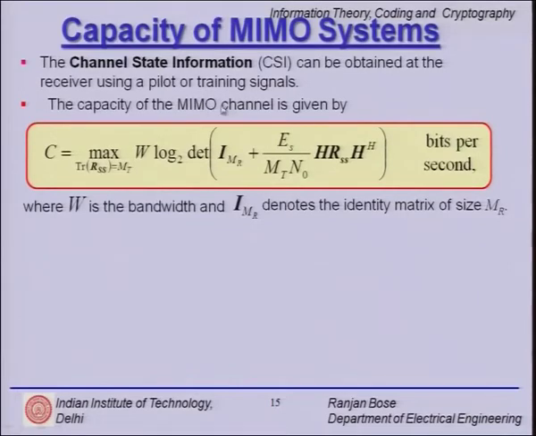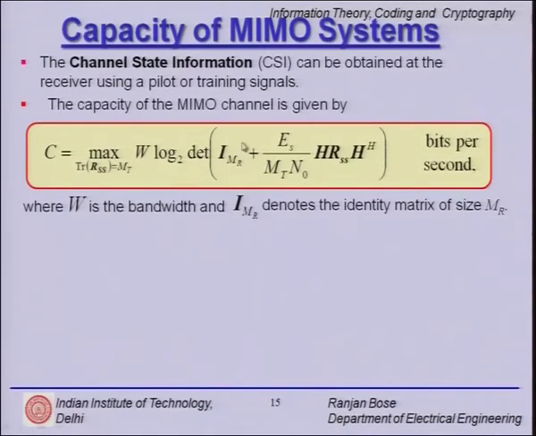Then the capacity of this MIMO channel is given as follows: C is equal to the maximum over trace RSS equal to MT, we will talk about it, of W log to the base 2 determinant of I_MR, the identity matrix, plus.